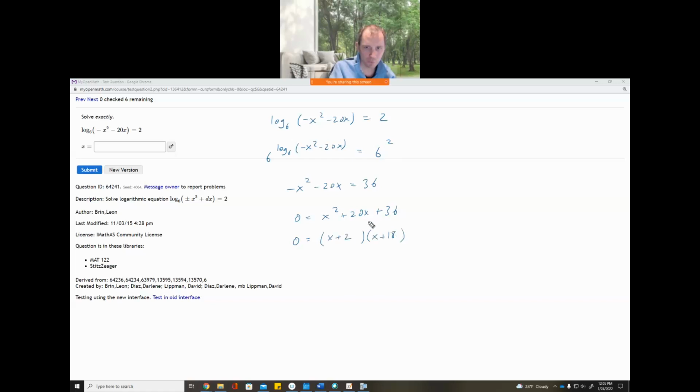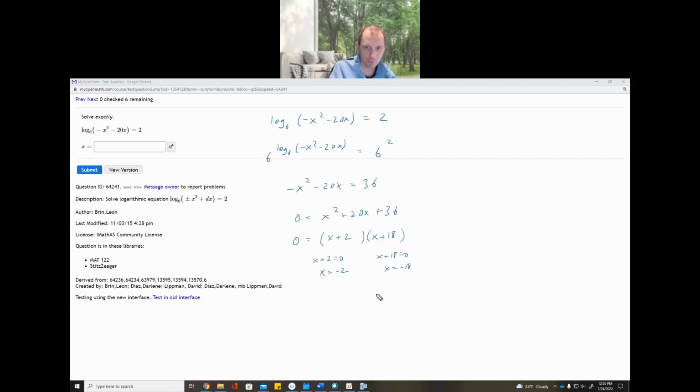They have to both be positive because I'm multiplying to a positive 36, so they're both positive or both negative, and they add up to a positive, so I've got to start with positive. So I think this works. x plus 2 times x plus 18: 2 times x gives me 2x, plus 18x gives me 20x, and then 2 times 18 gives me 36. So I get x equals negative 2 and x equals negative 18.